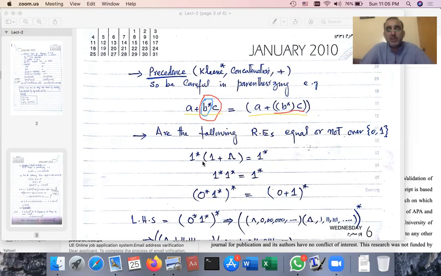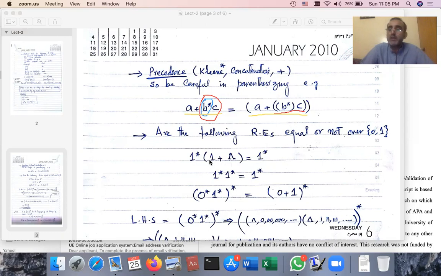So there is a regular expression. I don't know for what language it is, but there is a regular expression here, 1 star into (1 plus null), and this is on the left hand side, and this is equal to this one, 1 star, which is on the right hand side. For example, you can multiply this 1 star with 1, similarly r star and 1, and what I will get?